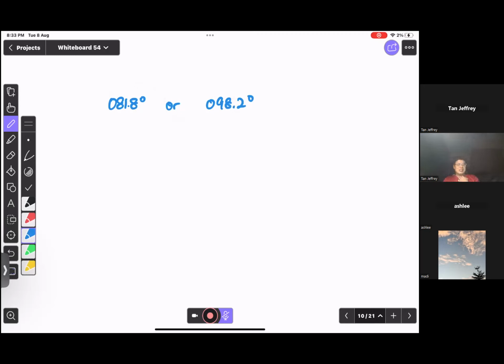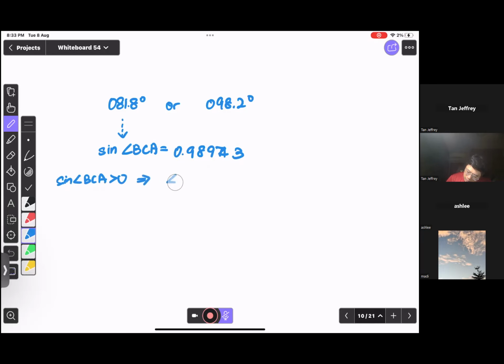You know why? Because you're using sine rule. If you use sine rule, you will get something like sine BCA is 0.98974.